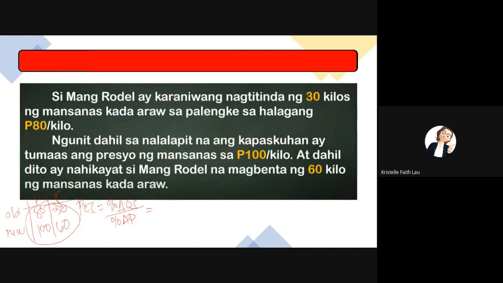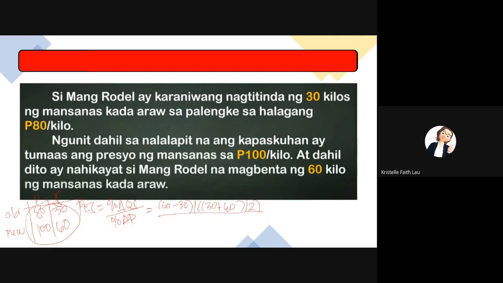So, 60, lagay natin sa close parenthesis, 60 minus 30, divide natin sa average na supply. So, we have here QS1 and i-add natin siya sa QS2. So, 30 plus 60. Then, divide sa 2.